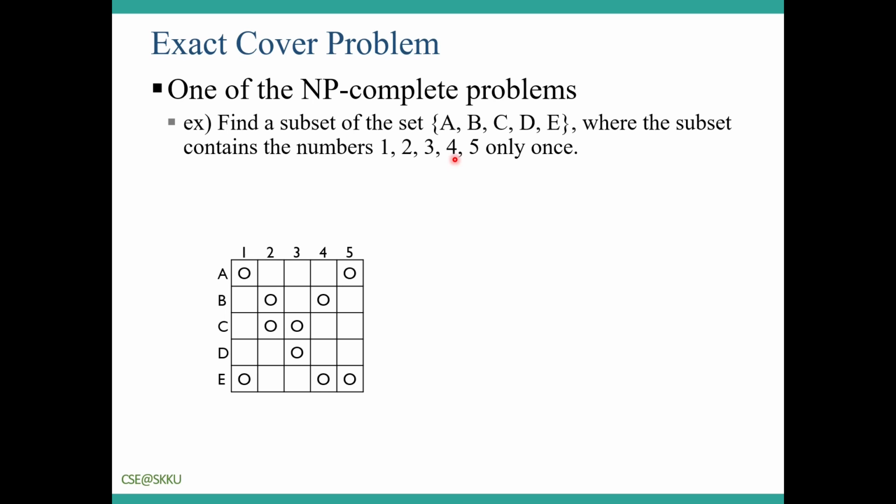In other words, you need to choose a combination of subsets where each number appears only once across the selections. Since there are 5 sets, the total number of possible combinations is 2 to the 5, which is 32. So can you find the correct subset that satisfies this exact cover? I will give you 10 seconds.